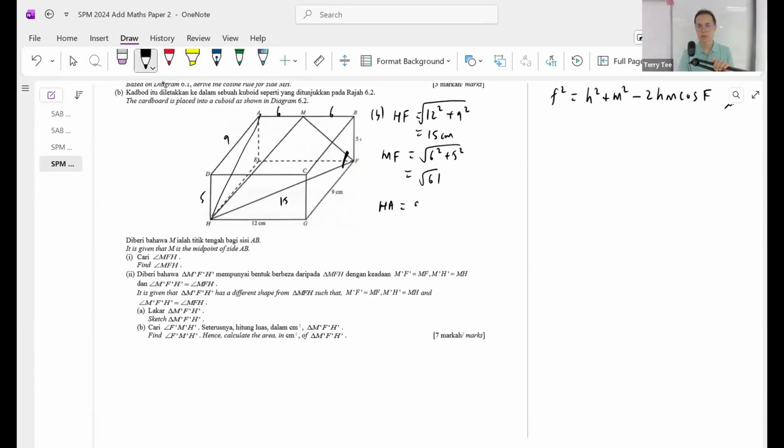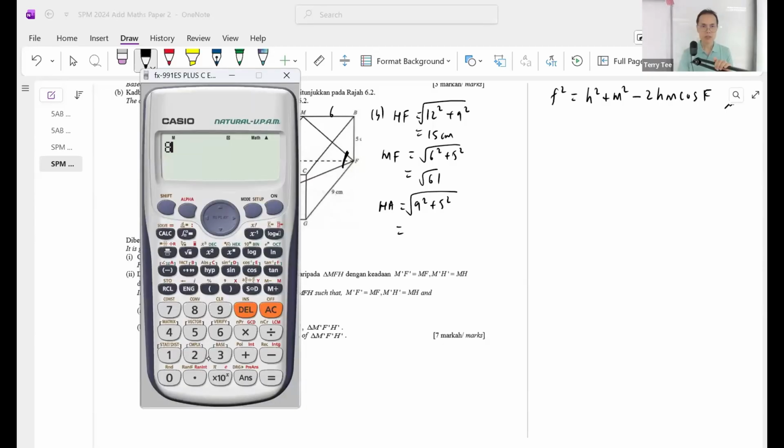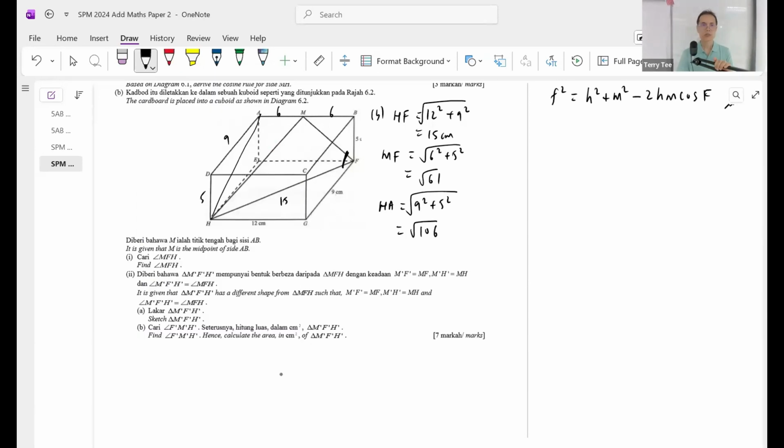HA will be 9 square plus 5 square, square root, 81 plus 25. That will give us 106. Now, if this is square root 106, you need to focus on this triangle here, guys. Sometimes a bit hard to see. There's an A here, there's an H here, there's an M here, this is 6. This HA is square root 106.